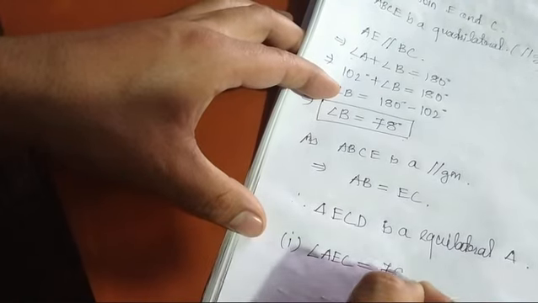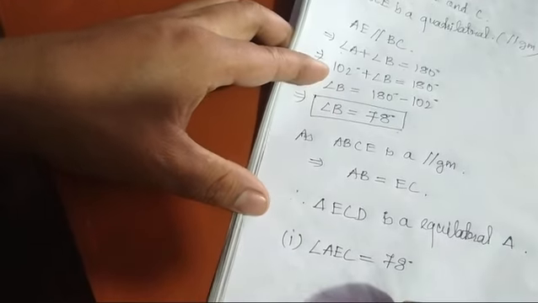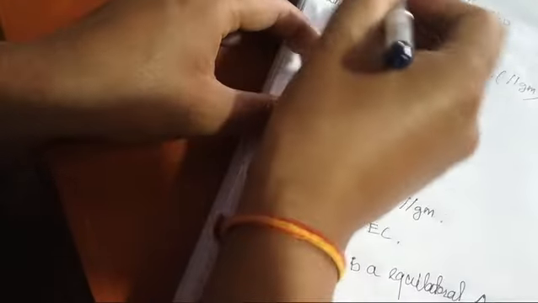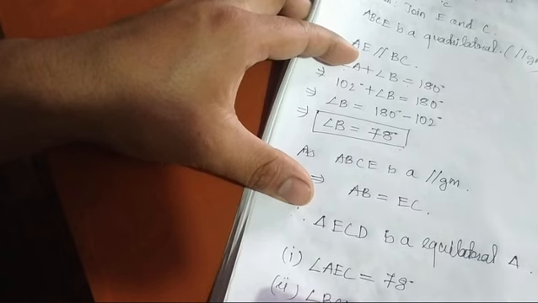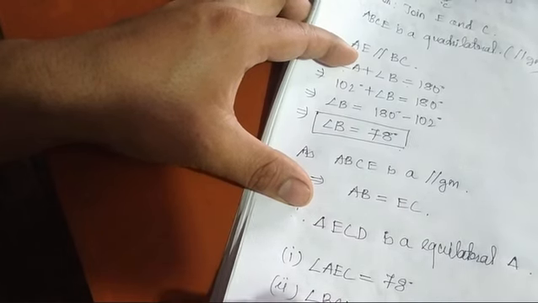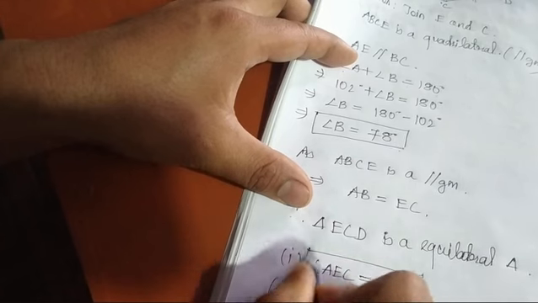So angle AEC is 78 degrees from the figure. And the next one is BCD. Next one we need to find is angle BCD. Angle BCD is 102 plus 60, so the answer is angle BCD is 162 degrees. So these are the answers that we need to find.